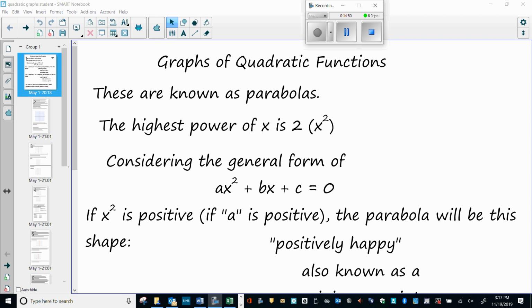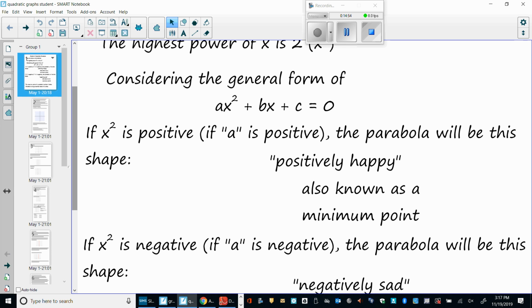Now, any parabola is going to be one of two shapes. If the x squared value is positive, then it looks like this. I like to say that that's positively happy. It looks like a smiling face. So if the value in front of the x squared is positive, then it's going to be positively happy.